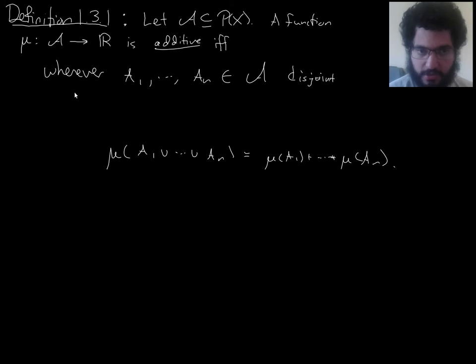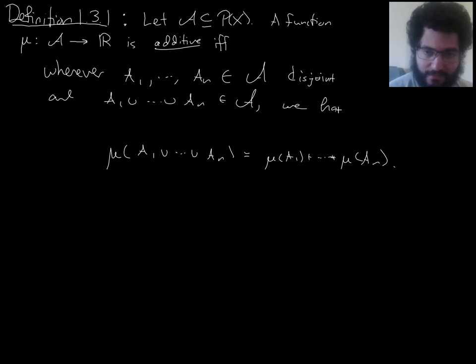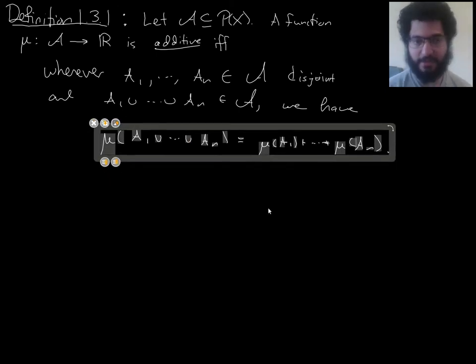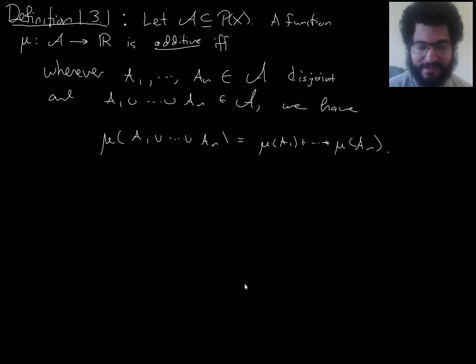Whenever these are disjoint and their union is in there, and their union is special, then we have this. So if their union happens to not be special, then the definition says nothing about that. It requires nothing of that situation.